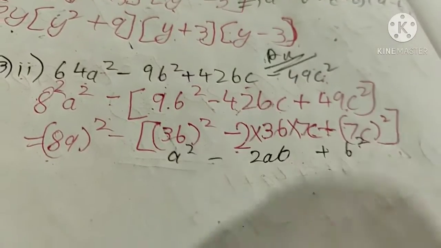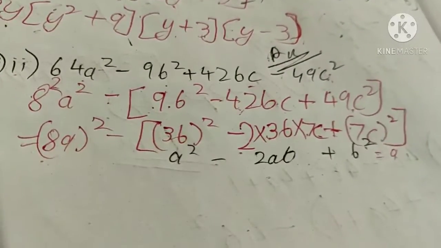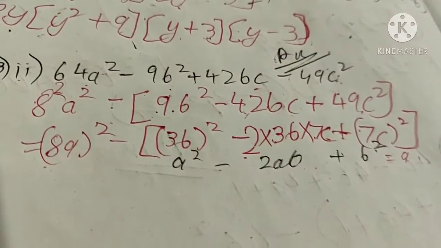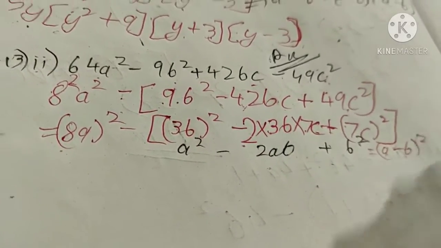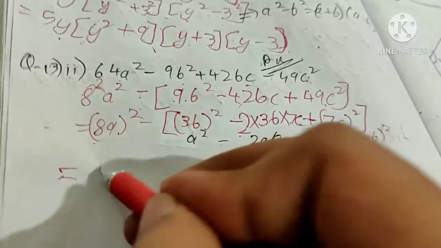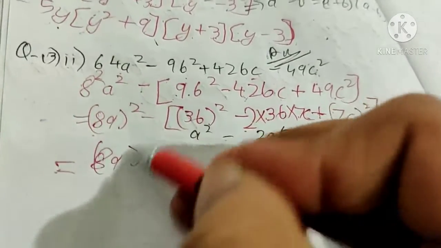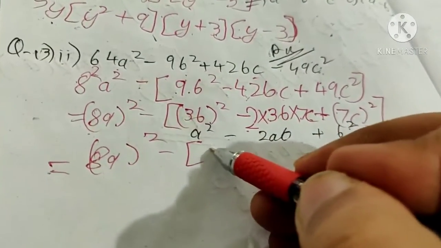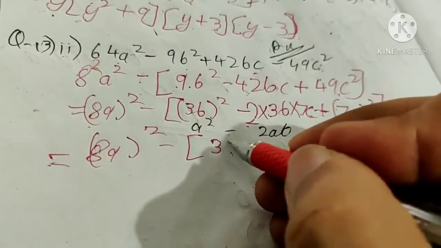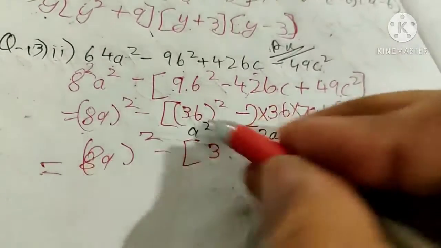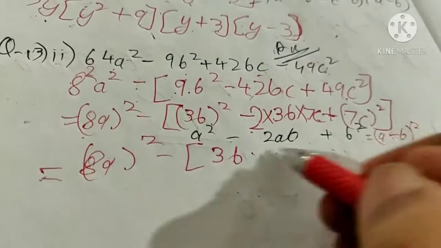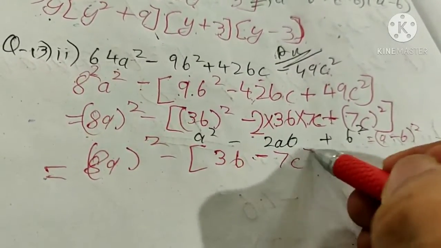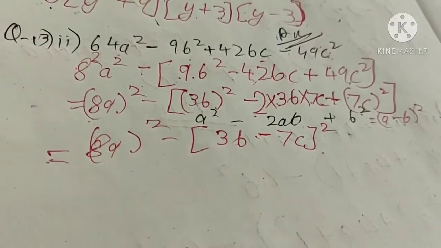So here we can apply the identity a minus b to the power 2, that is 8a square minus (3b minus 7c) to the power 2. Here a is 3b and b here is 7c and minus 7c to the power 2.